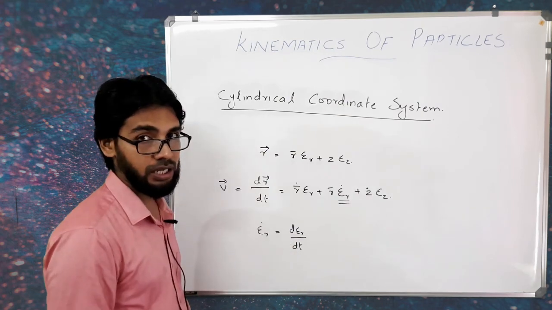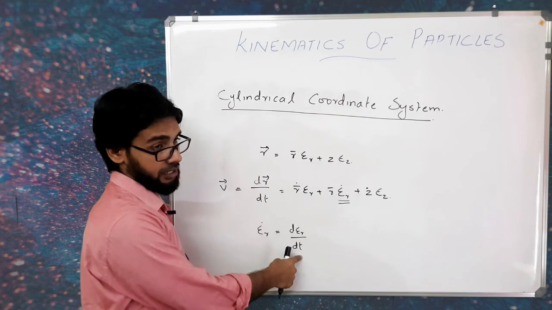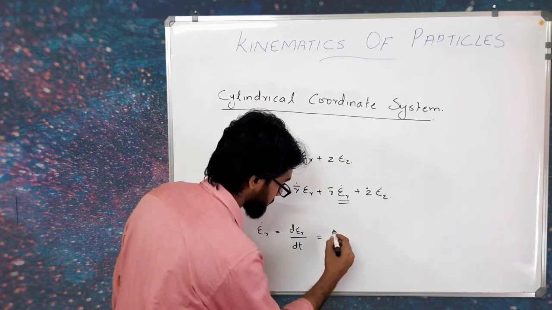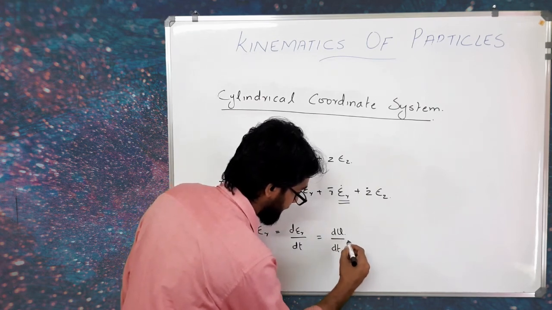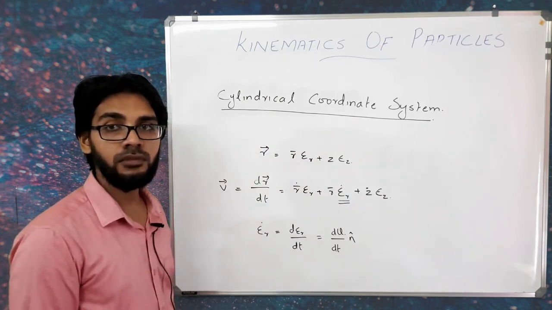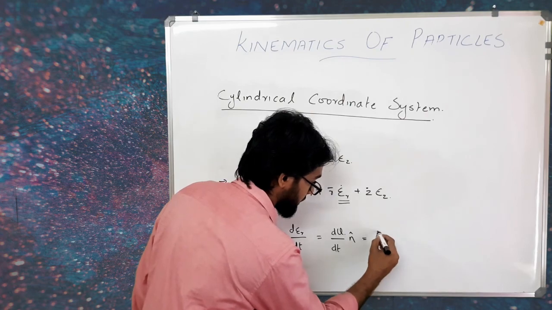Now we had derived earlier that dE by dt is equal to d theta by dt into unit vector n, that is equal to theta dot.